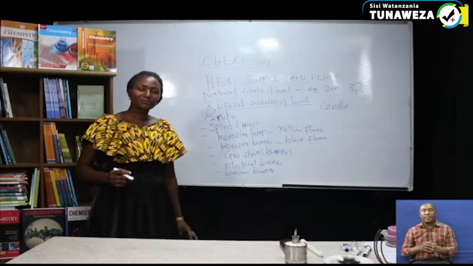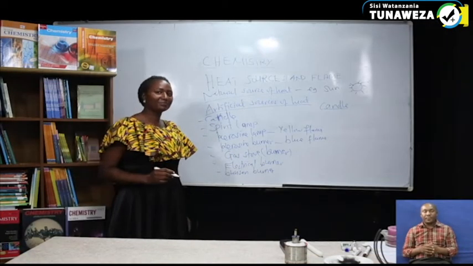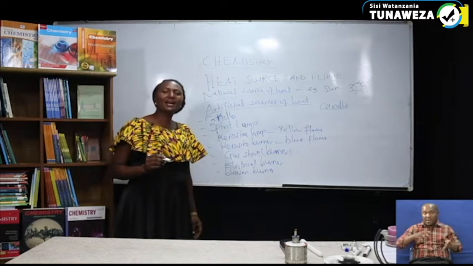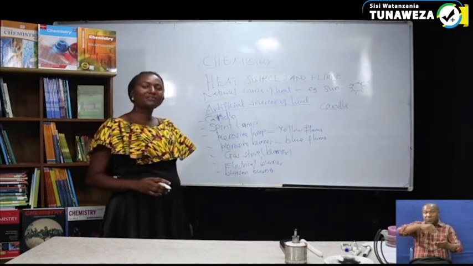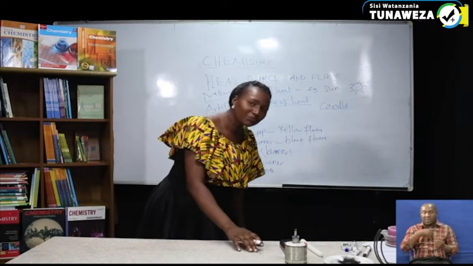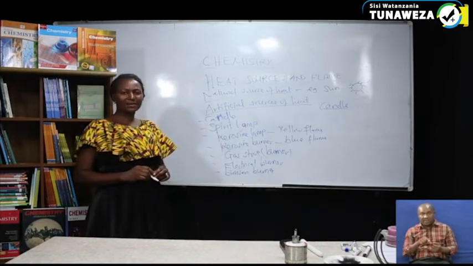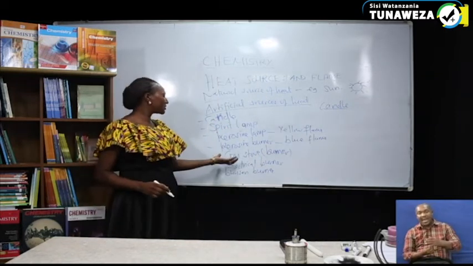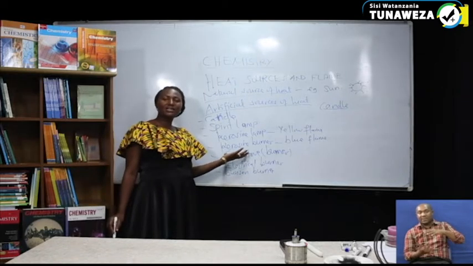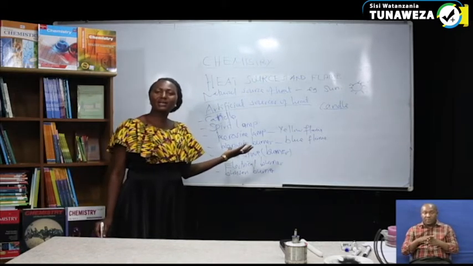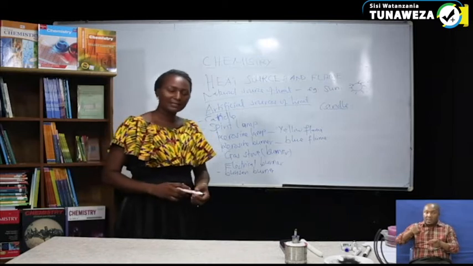A gas burner produces a very high amount of heat, and for that reason, it is used for heating purposes. We also use this gas stove or gas burner in the chemistry laboratory for heating.